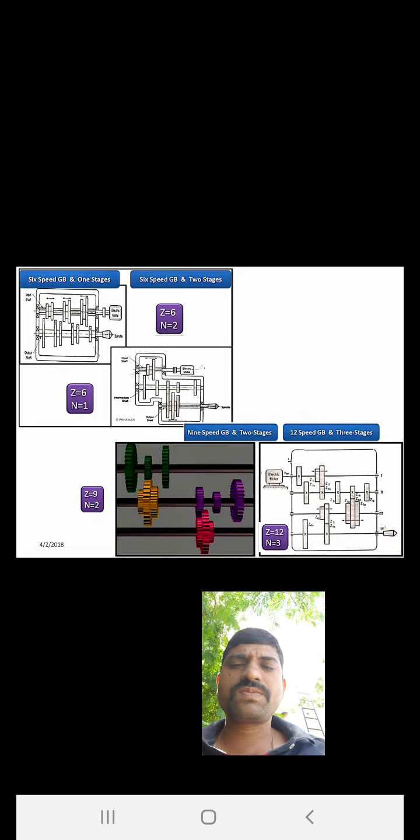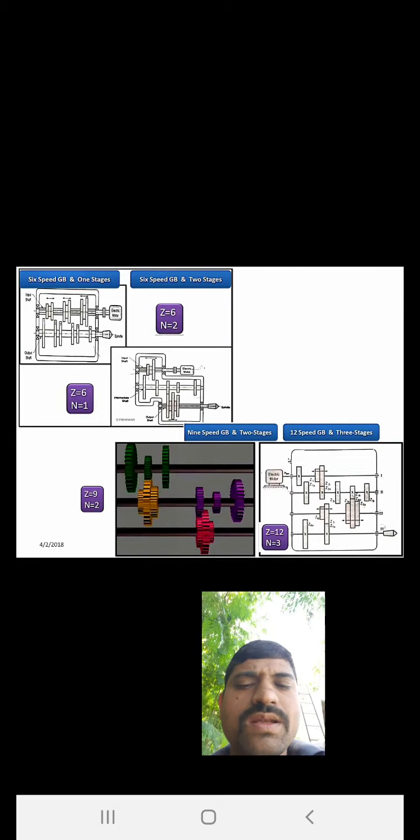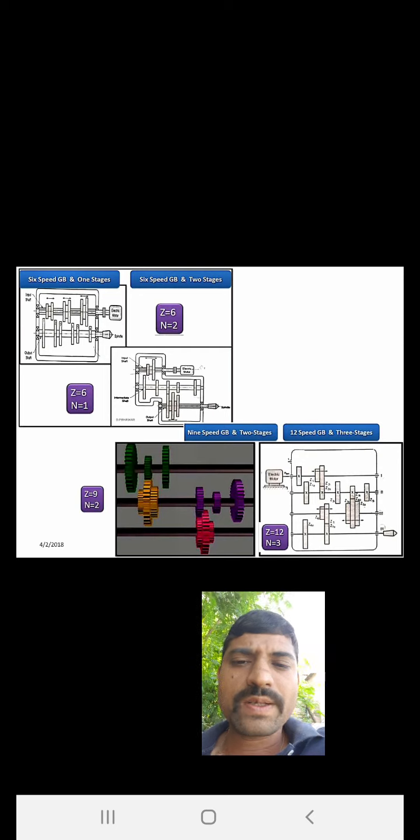The number of total speeds is 6 and the number of stages is 1. Here an electric motor is attached to one shaft, called the input shaft, and a spindle is attached to the output shaft. How many shafts are given? 2 shafts are given. That's why the number of stages is equal to 1.